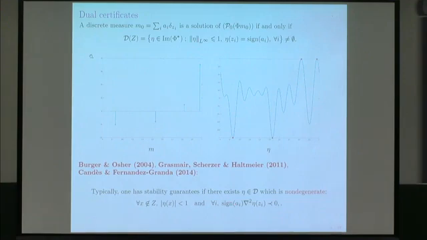And you also want some control on how quickly you move away from 1. To get this control, typically you would put some constraints on the Hessian of your certificate at your support points. Where you achieve the value 1, you want this to be negative definite, and where you achieve the value minus 1, you want this to be positive definite.